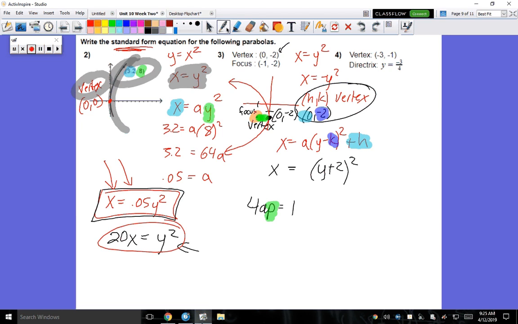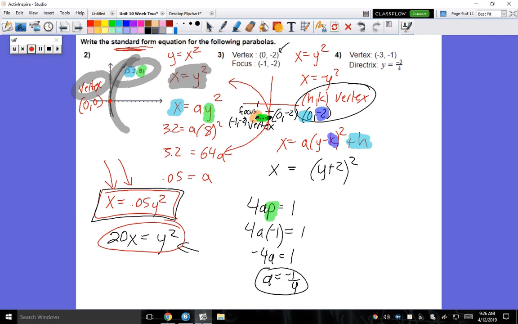So if the focus is at (-1, -2), then that horizontal jump is going to be that 1 value. Okay, so we're going to put a -1 for p. So it'll be 4a times this -1 is equal to 1. Okay, so we have -4a is equal to 1, and we have a is equal to -1/4.